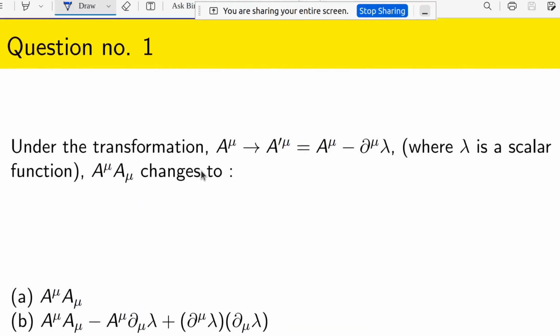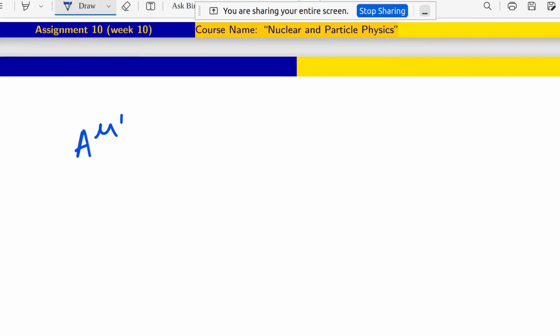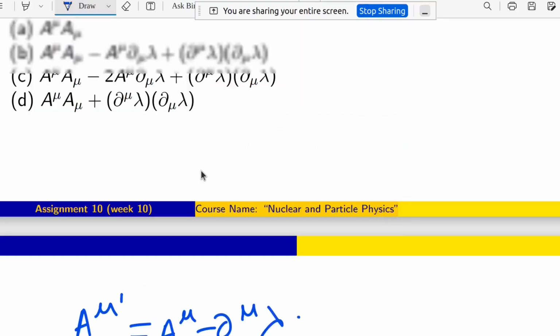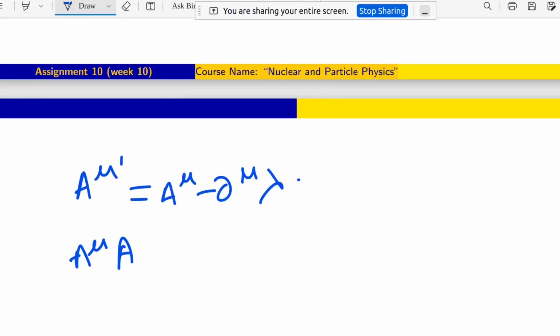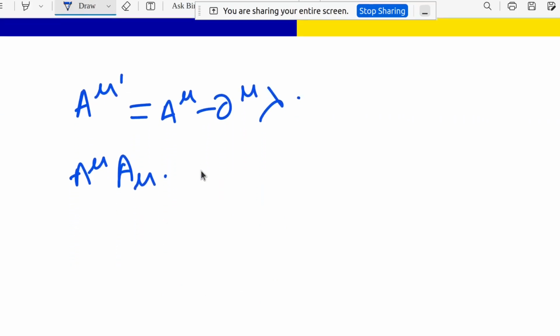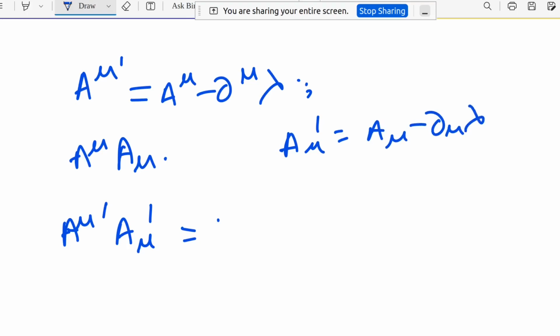Okay, so here it is already mentioned that A mu prime equals A mu minus del mu lambda, right? Yes. So what will be the value of A mu A mu under this transformation? That means we have to calculate A mu prime A mu prime. What will be this value? So if I write here A mu prime, then it will be A mu minus del mu lambda.